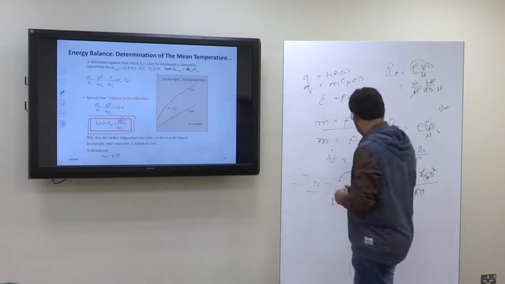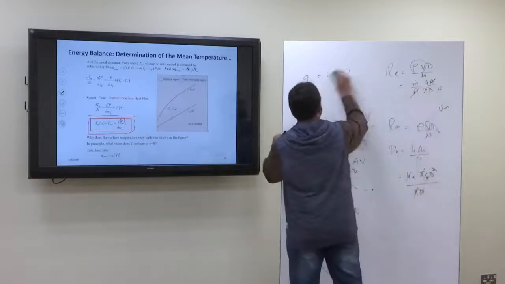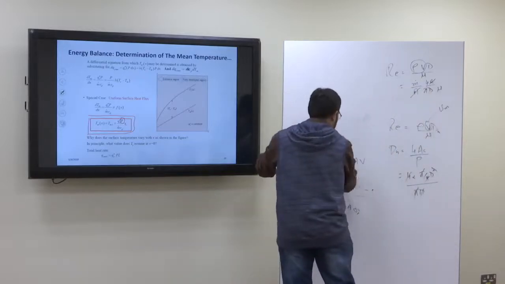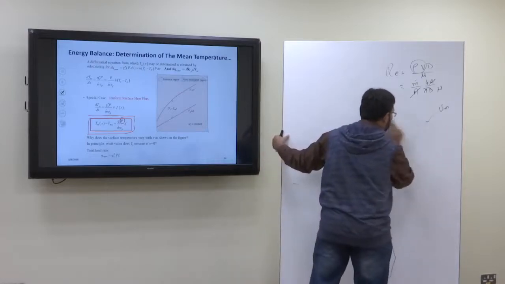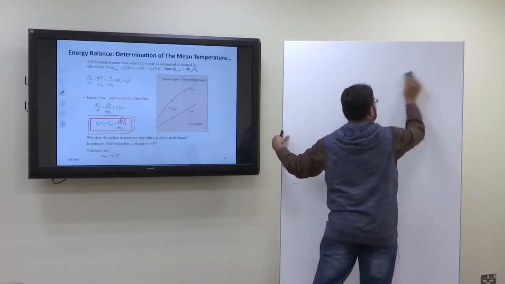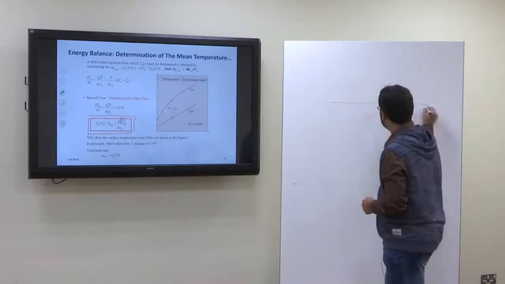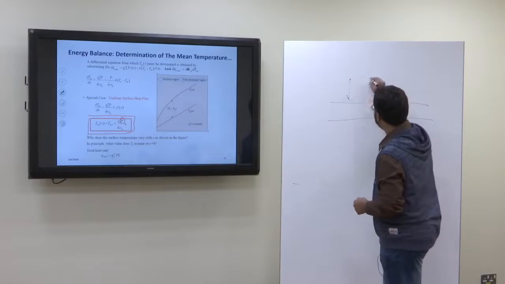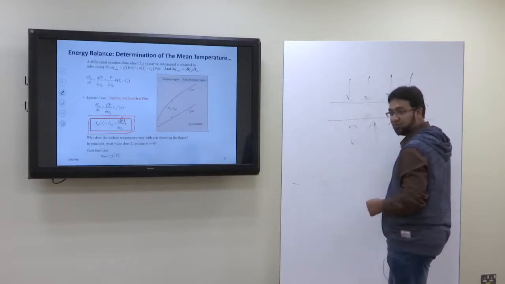So suppose you have a pipe with a constant heat flux. The heat flux is constant on the pipe, right?